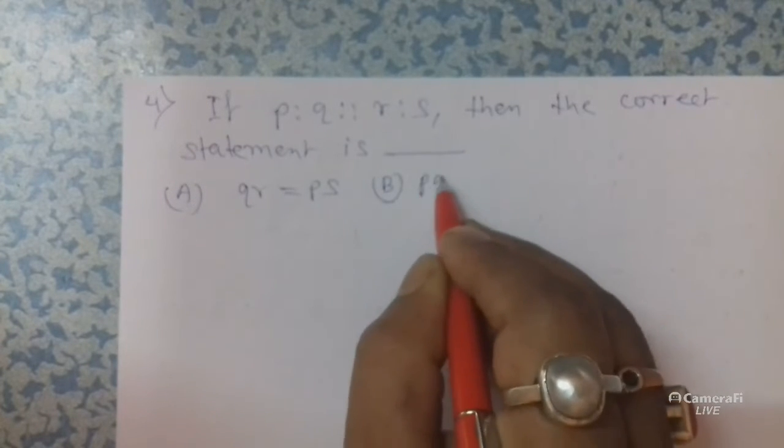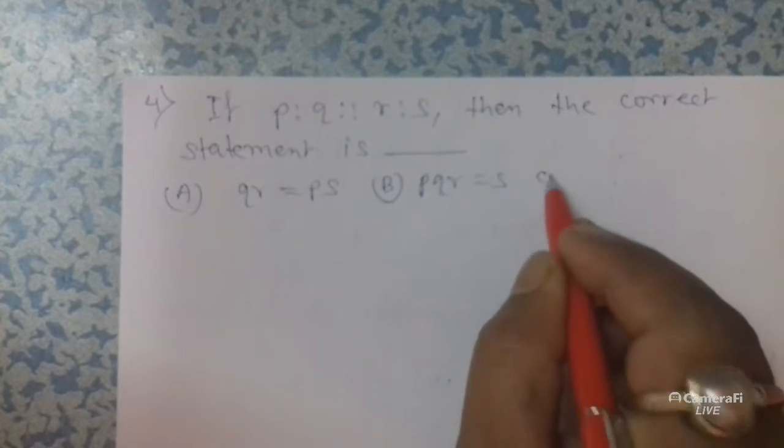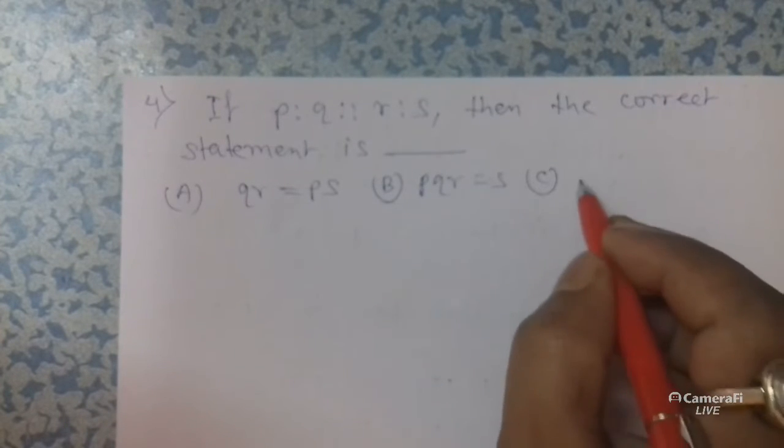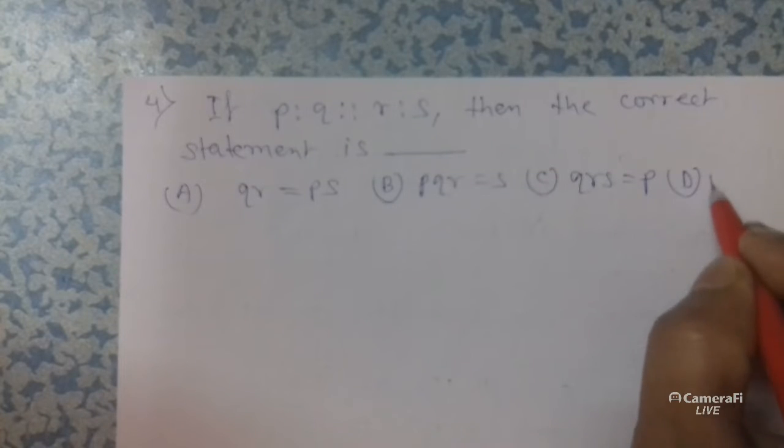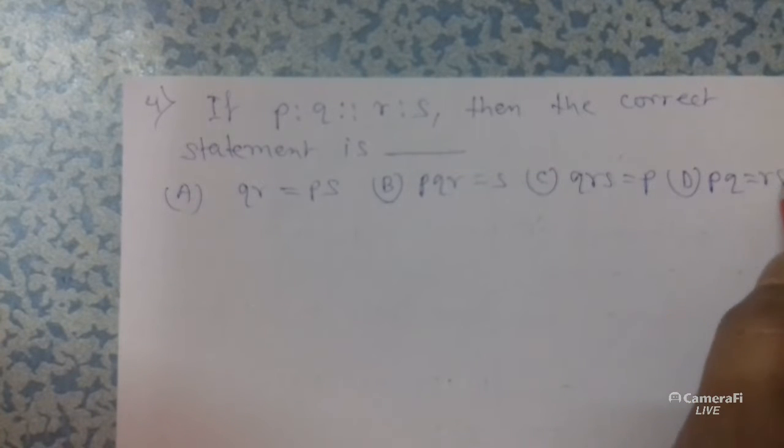Option B, PQR is equal to S. Option C, QRS is equal to P. And option D, PQ is equal to RS.